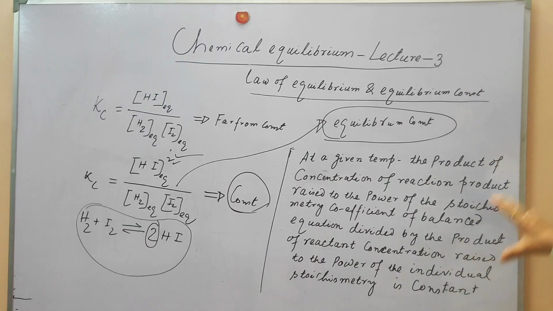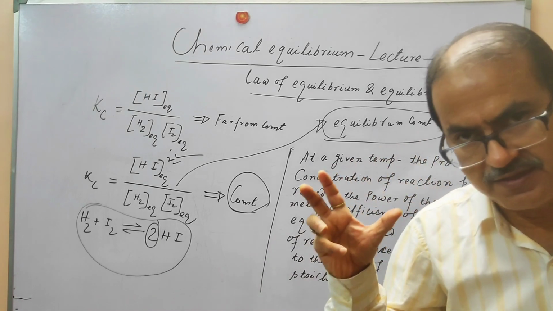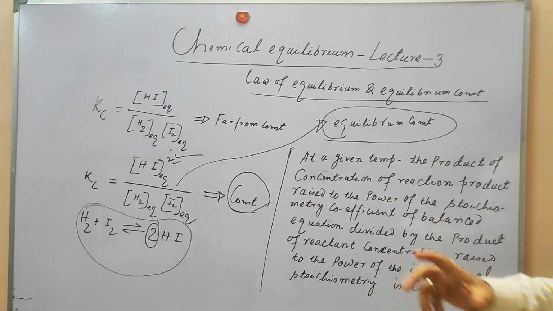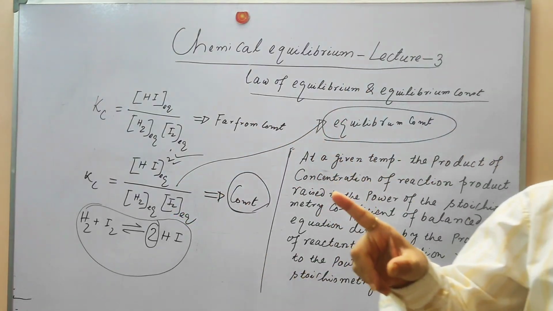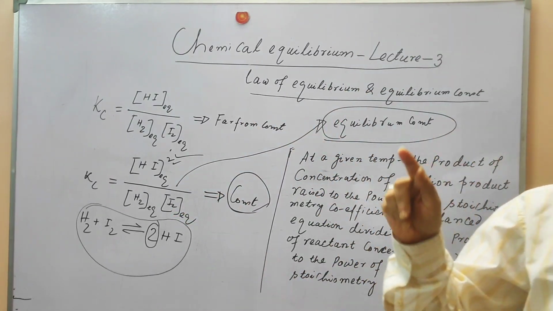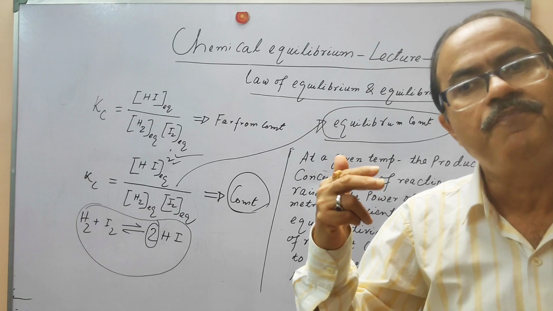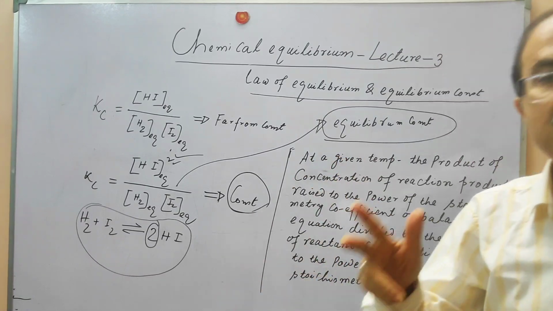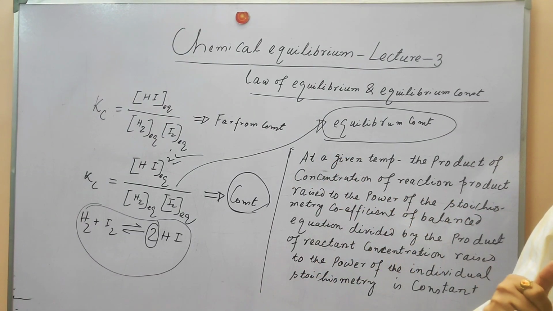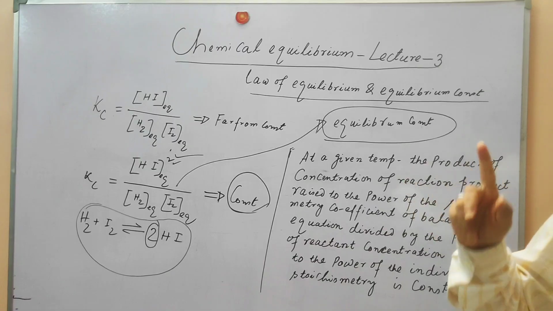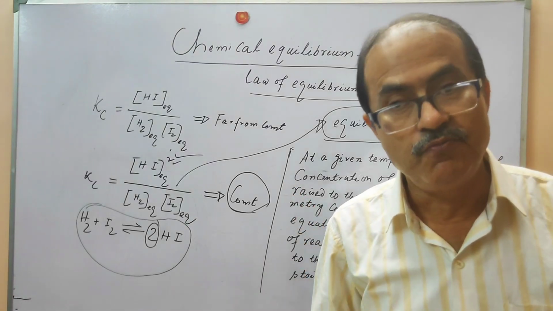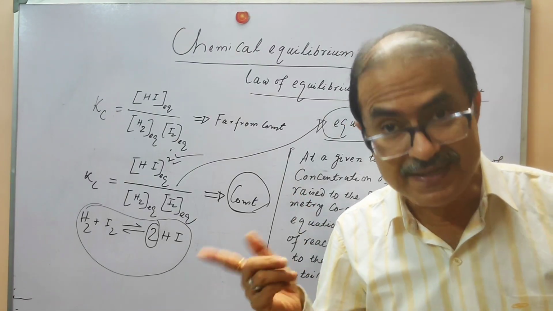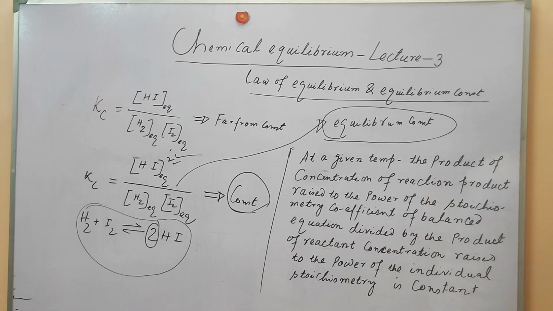This is a very, very important thing that you can see. The product concentration comes first in the numerator, raised to the power of the stoichiometry of the balanced reaction, and it is divided by the product of the reactant concentrations.